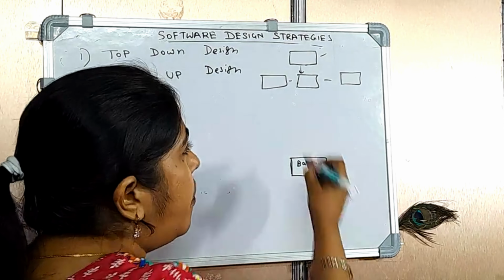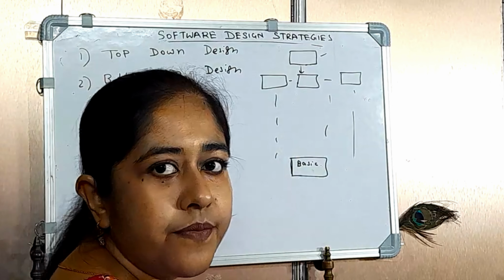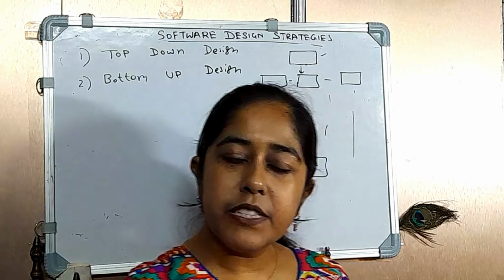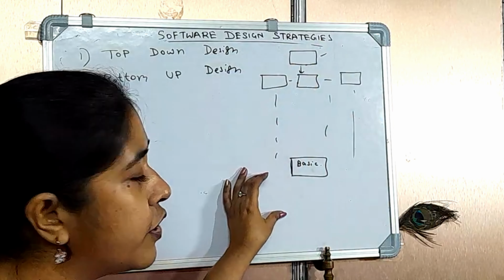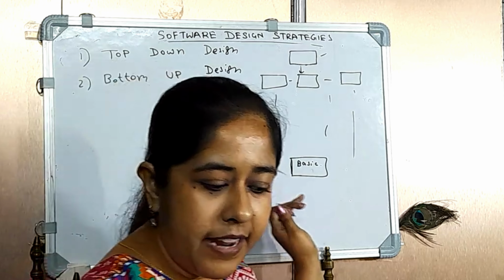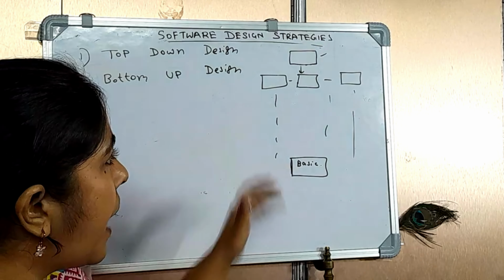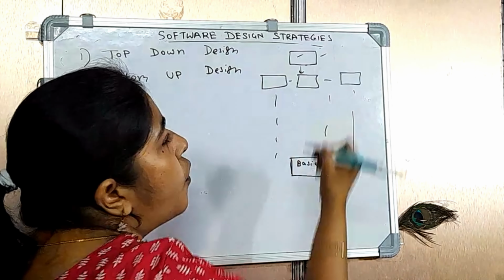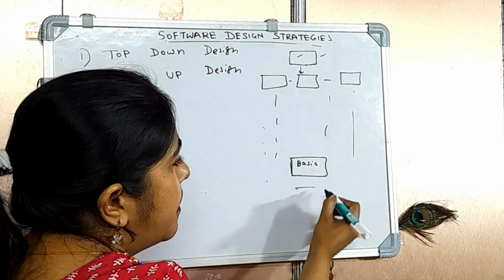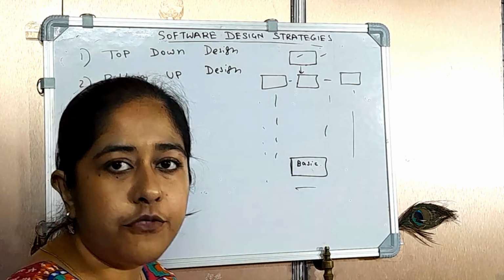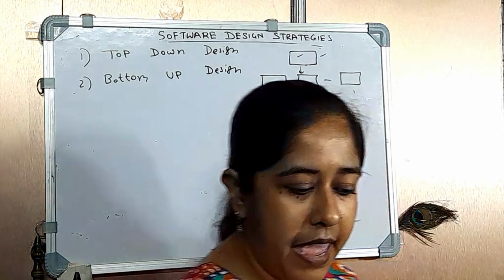We go on breaking again and again, subsystem after subsystem. So from the top level program we are going to the basic level. Obviously this is your whole system, then you go on breaking and you get the basic component of your whole software. This is called the top down approach.